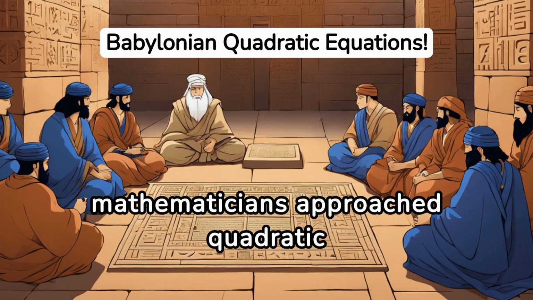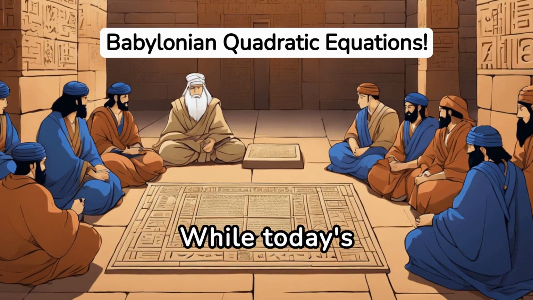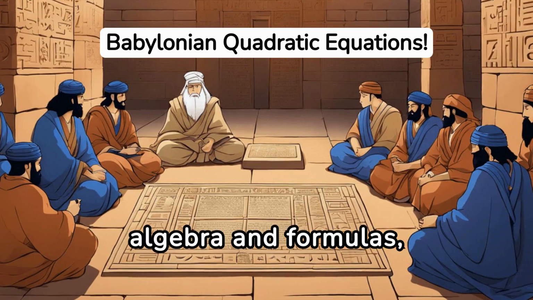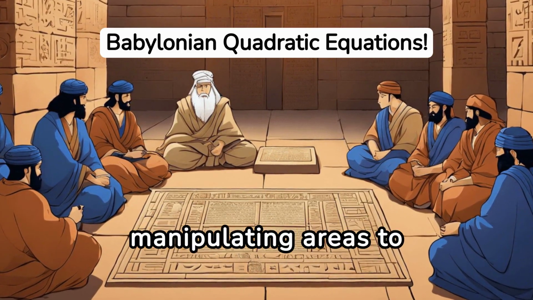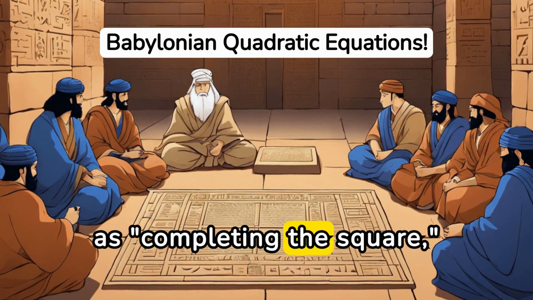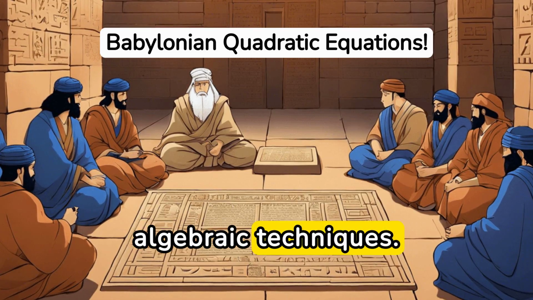Babylonian mathematicians approached quadratic equations differently than modern algebra does. While today's methods involve symbolic algebra and formulas, Babylonians used a geometric approach, essentially manipulating areas to solve problems. This method, known as completing the square, was more visual and less abstract than current algebraic techniques.